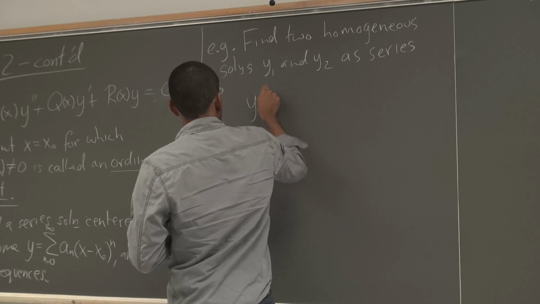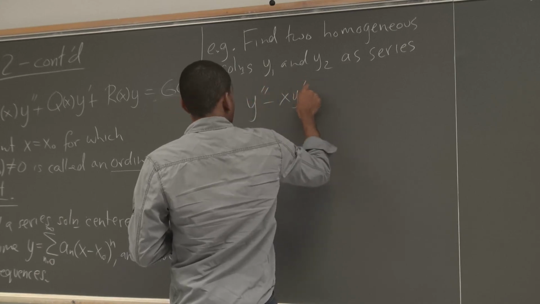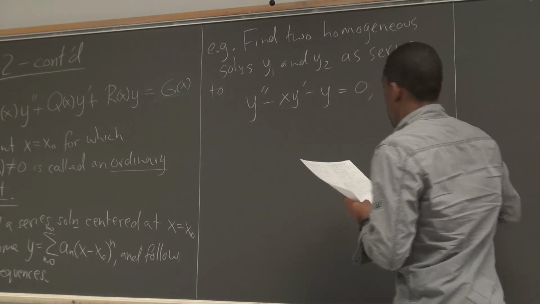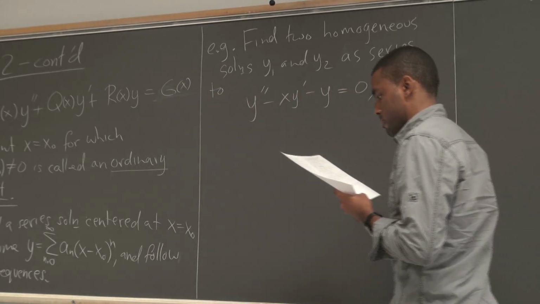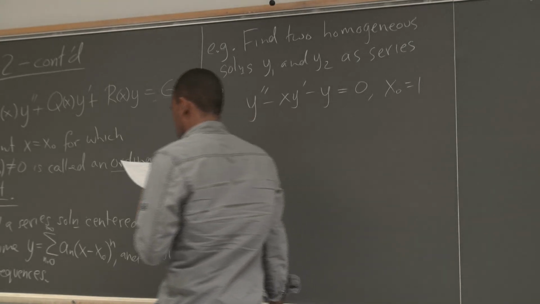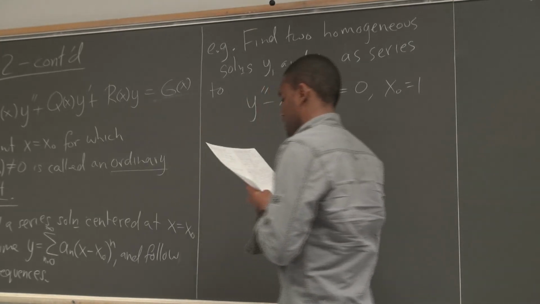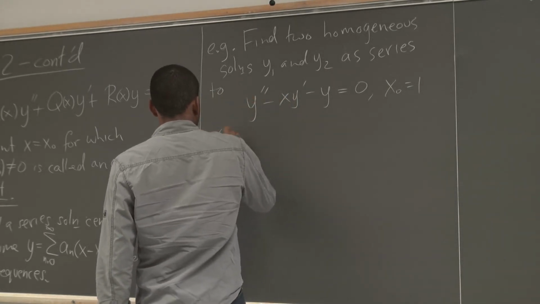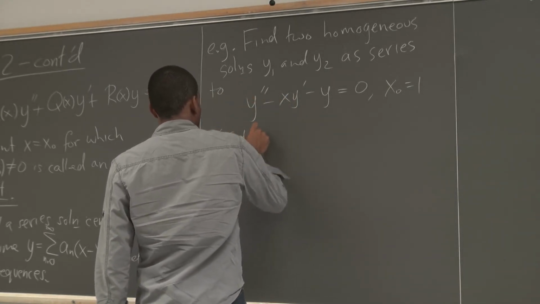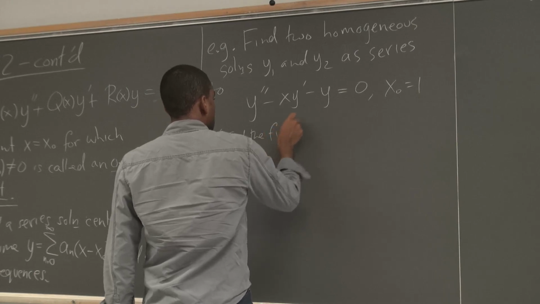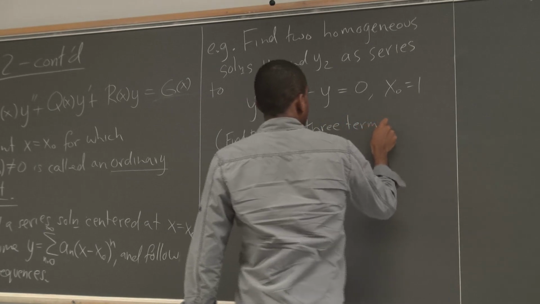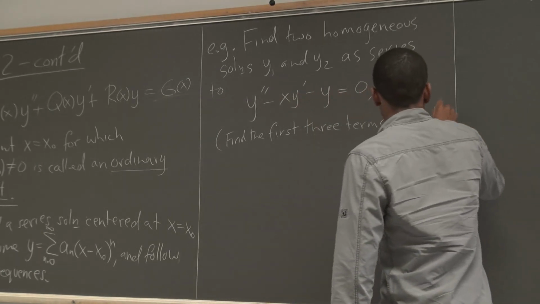So here's our equation: y double prime, x y prime minus y equals 0. Here x naught equals 1.